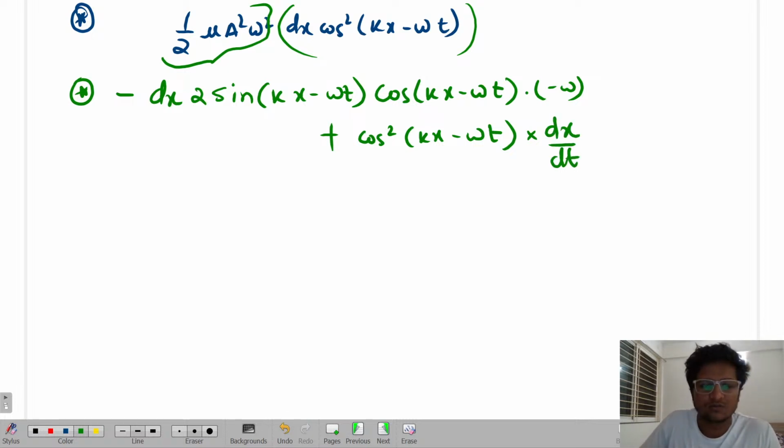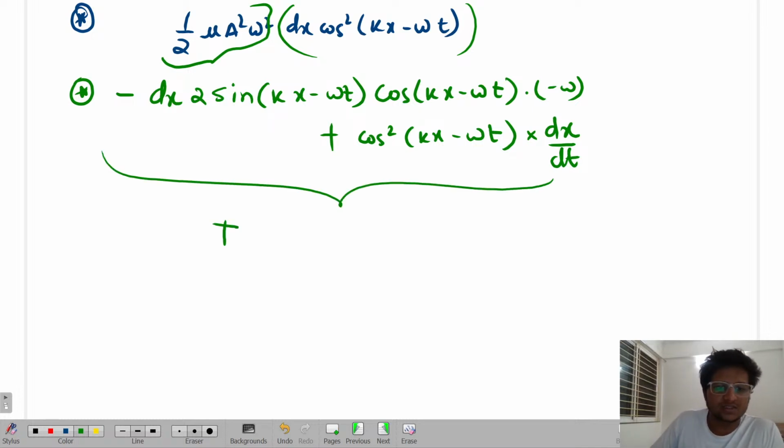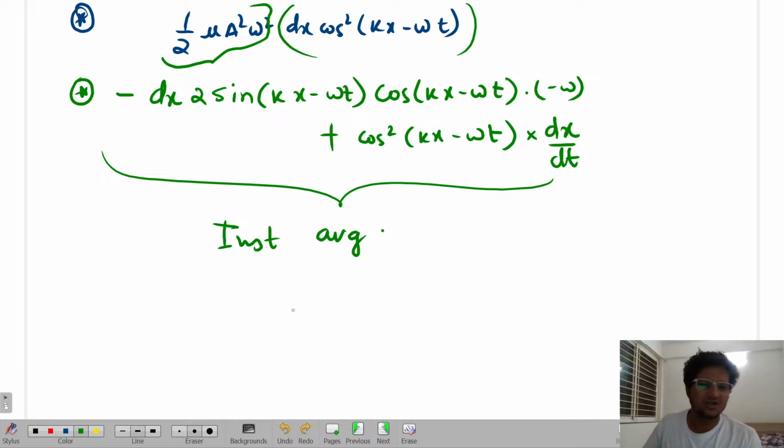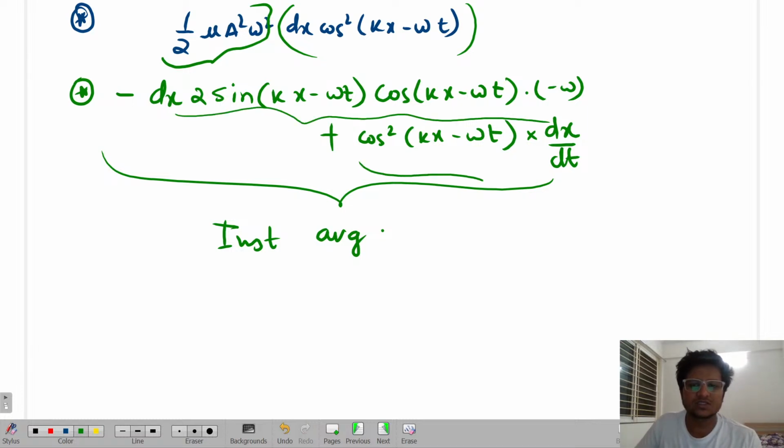So what we are doing is taking the instantaneous average. When you do that, you will see that this value over here is going to get neutralized to 0. Basically this appears as 4 cos square or something like that. So if we take the instantaneous average, we almost ignore this fact and we just include this term.